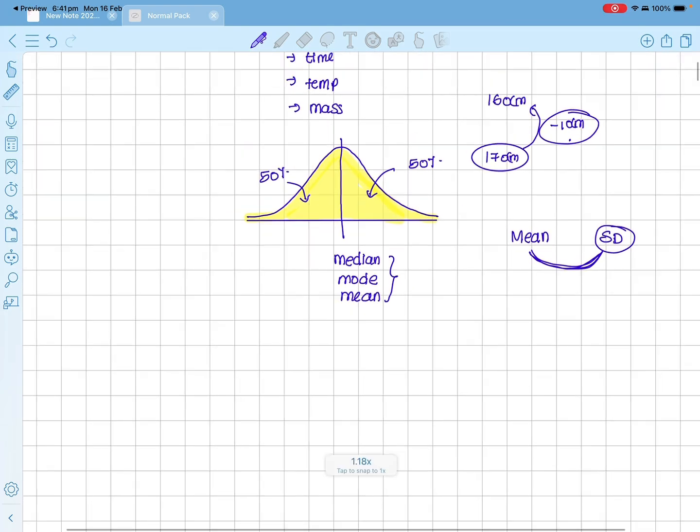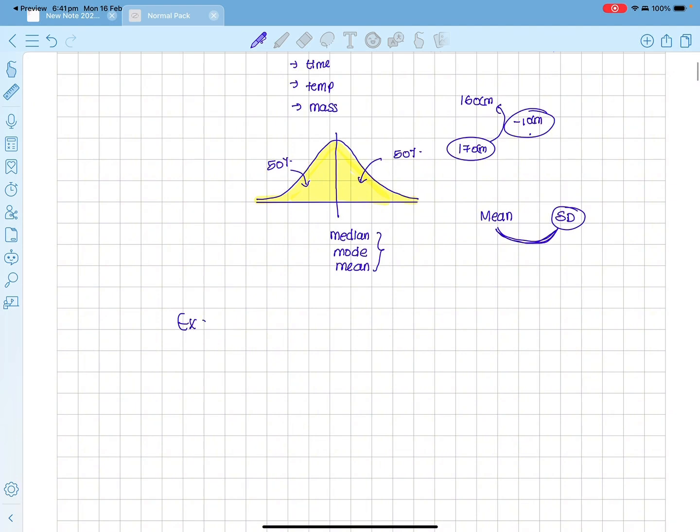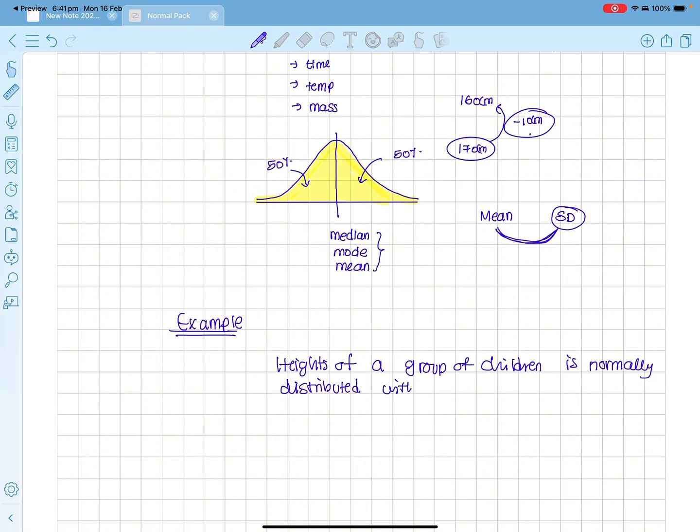So example 1: the heights of a group of children is normally distributed with a mean of 170 and standard deviation of 5.